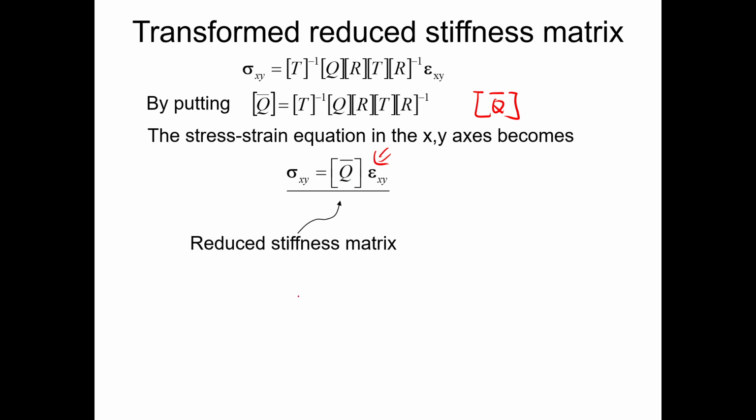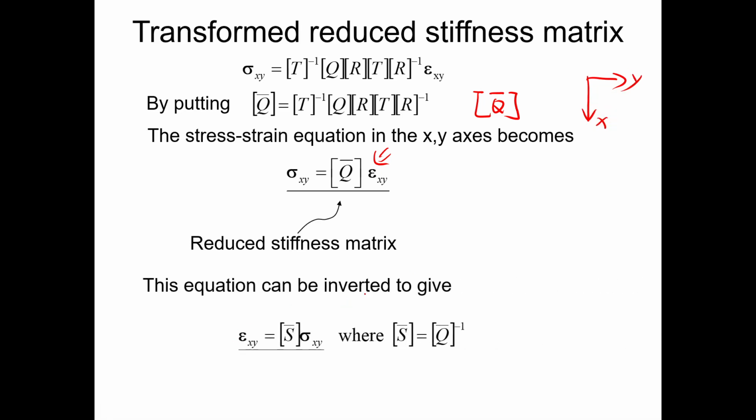You can also call it the equivalent stiffness matrix, such that it links sigma xy to epsilon xy in the global coordinate system. This equation can be inverted to give epsilon xy equal to S bar times sigma xy, where S bar is Q bar inverse.